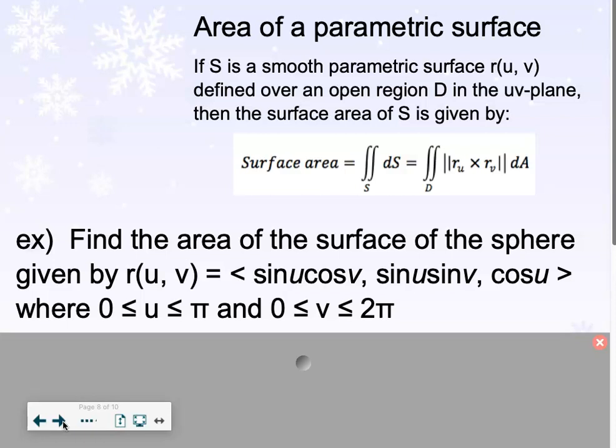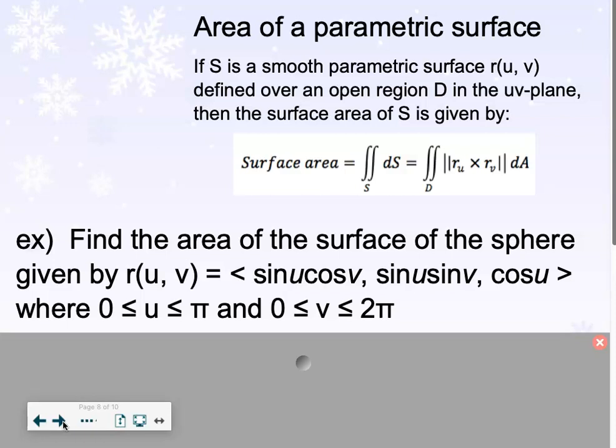Okay, so I see this. This is actually from the old book we used to use, the book you guys used for AP, but it's the same notation in the new book, this letter D, now representing the region in the world of U's and V's. So I guess you could say the UV plane.